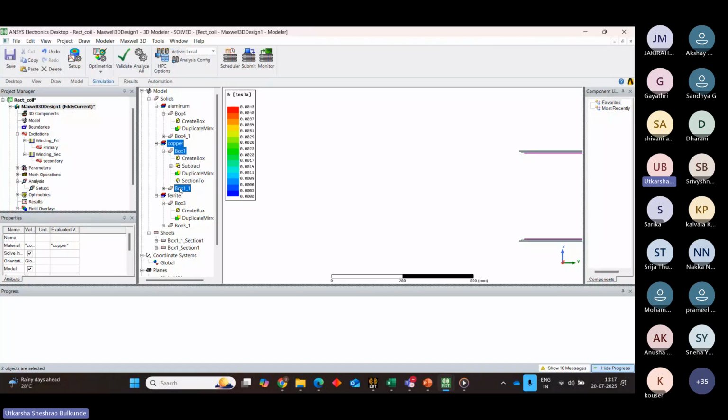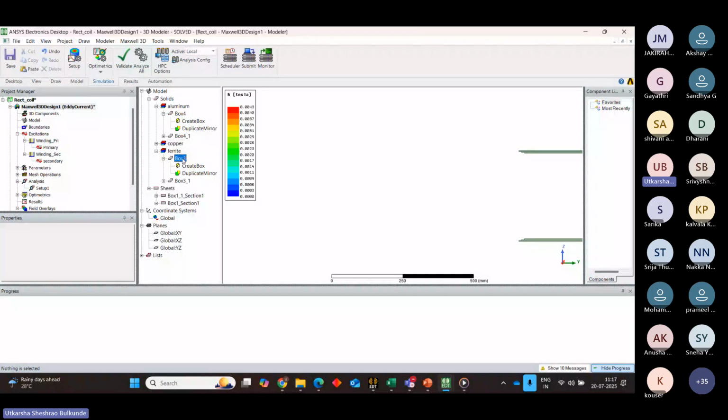This is copper. This is copper, right? This is done. Then ferrite, ferrite, ferrite, ferrite. Then aluminium, aluminium, right?